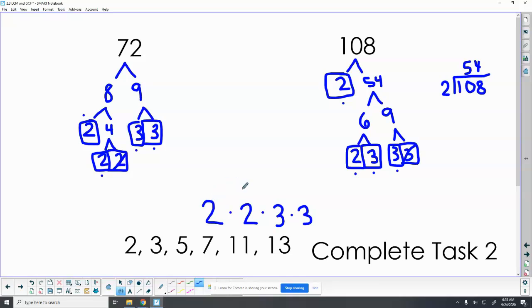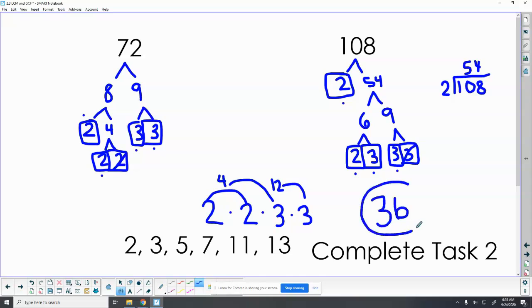So now we're going to do 2 times 2 times 3 times 3, and that is going to tell us our GCF. So 2 times 2 is 4. 4 times 3 is 12. 12 times 3 is 36. So the number 36 goes into 108, is what that means.